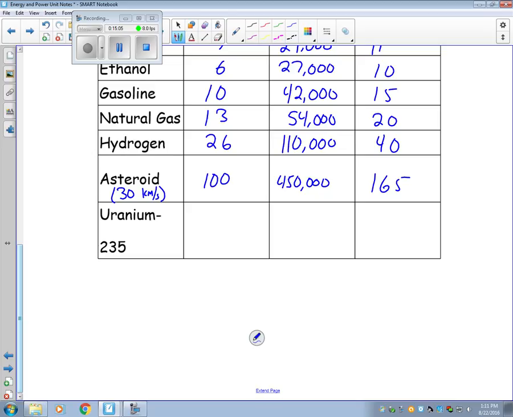Uranium-235, this is what we use to power nuclear power plants and atomic bombs. 1 gram of uranium-235 has 20 million calories. That means it has 82 billion joules of energy, and it has 30 million times more energy than 1 gram of TNT.